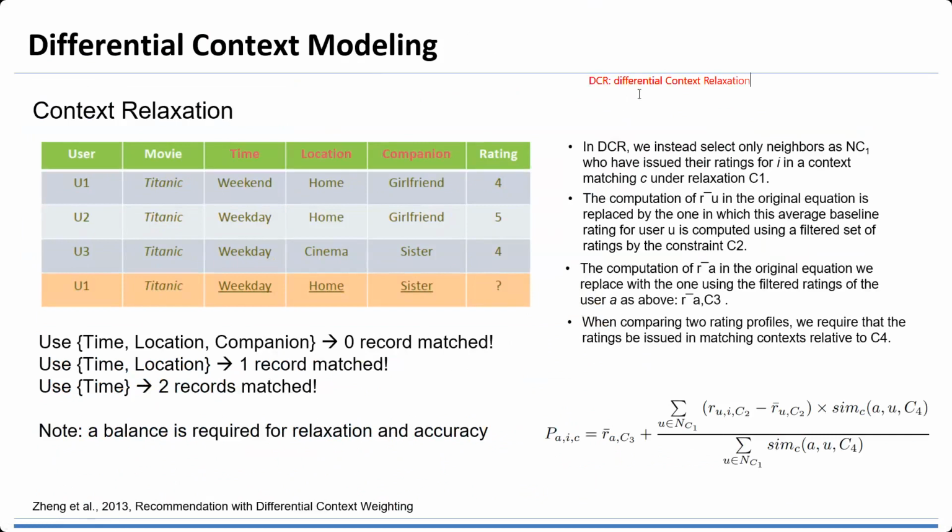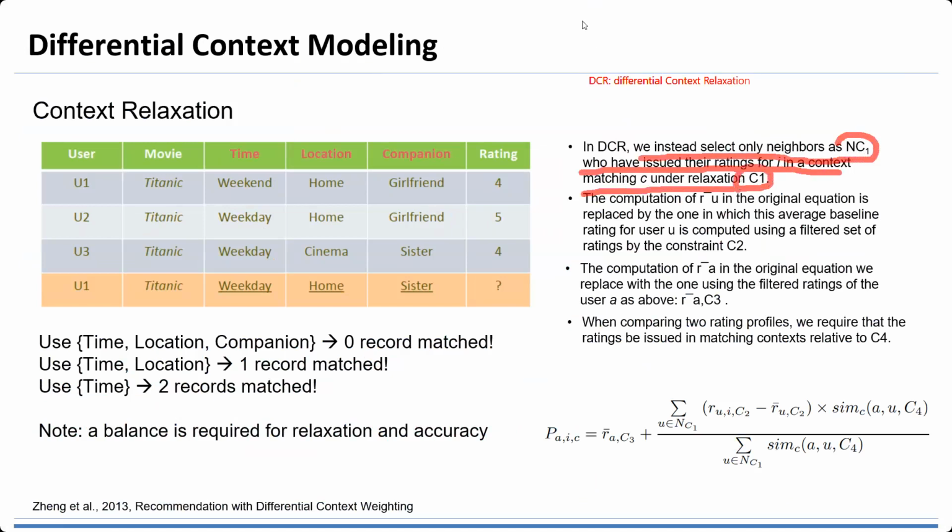In DCR, the differential context relaxation, we instead select only neighbors as NC1 who have issued their ratings for I in the context matching C under the relaxation C1.